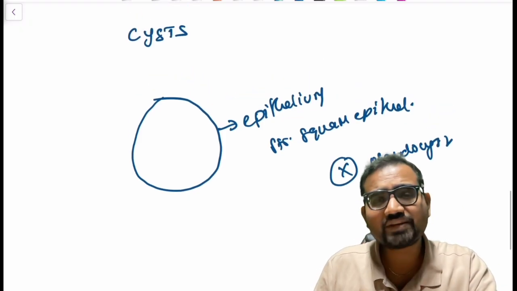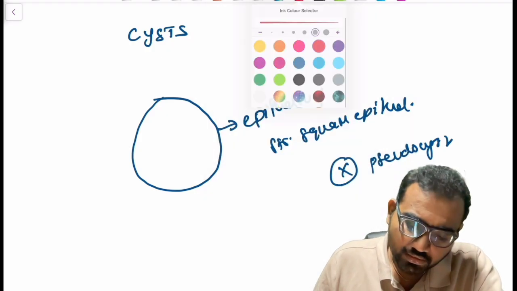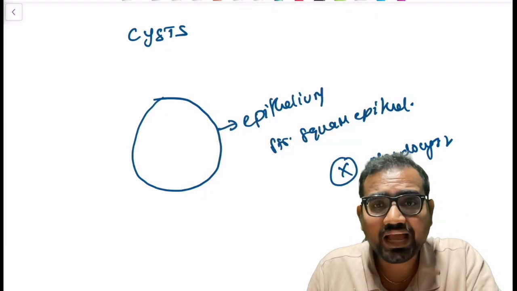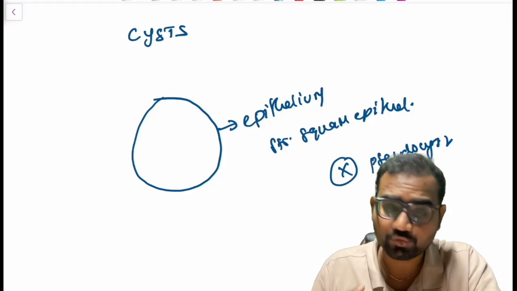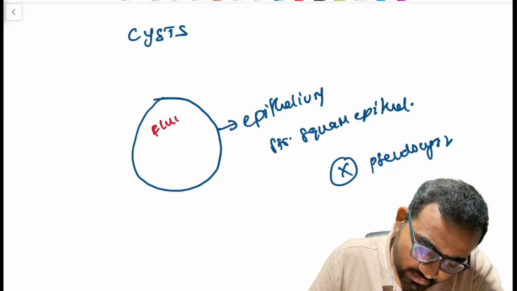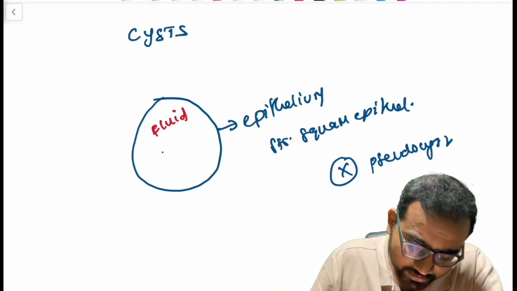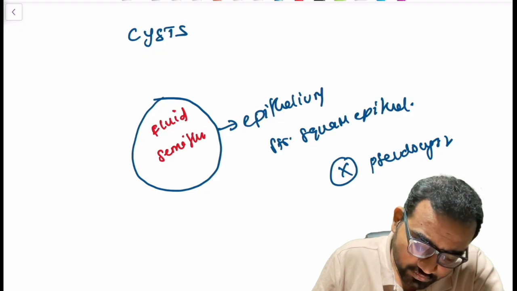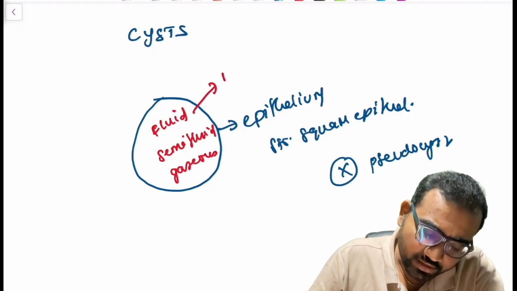So every cyst will be lined by an epithelium. Now, inside the cyst, you will have fluids or gaseous material or semi-fluids. So inside the epithelium, I'll have a central part which is fluid, semi-fluid or gaseous material. This is called as the lumen.